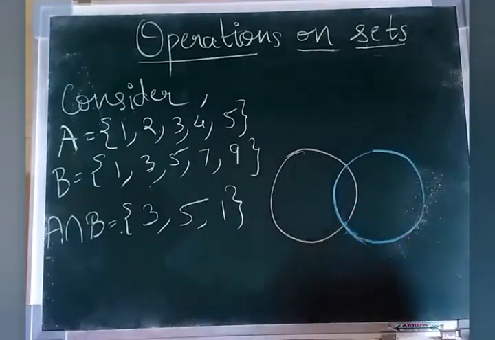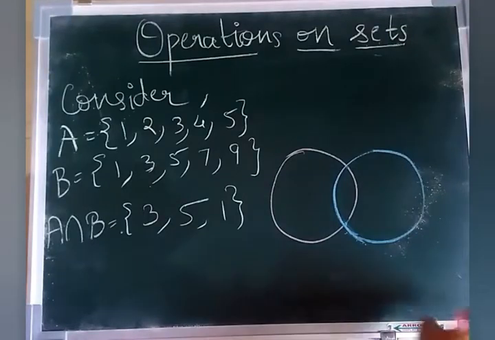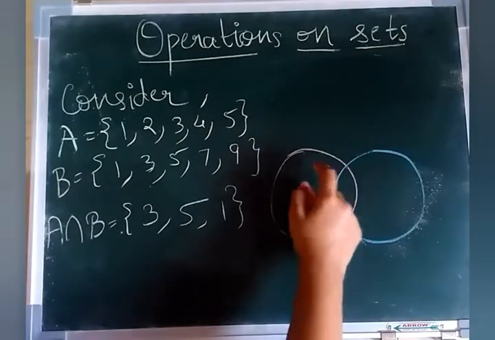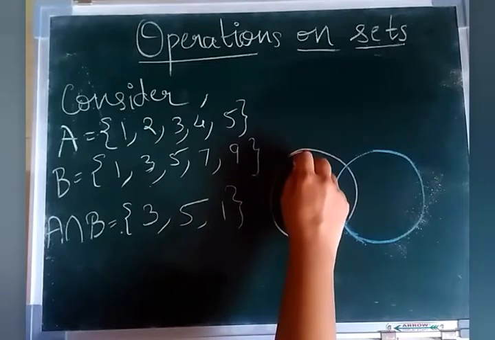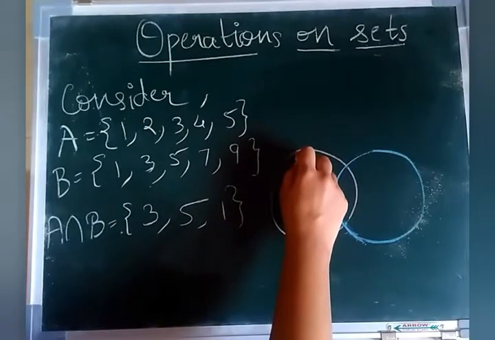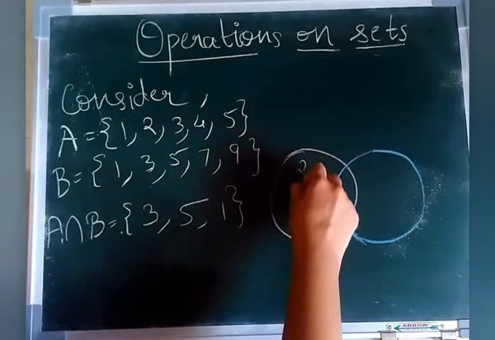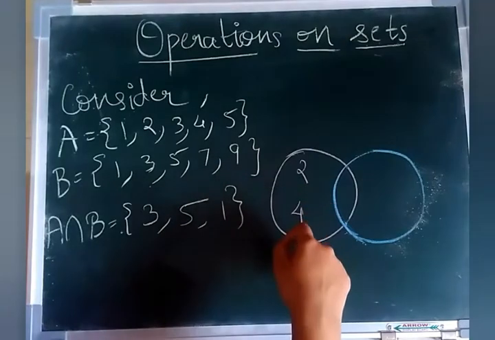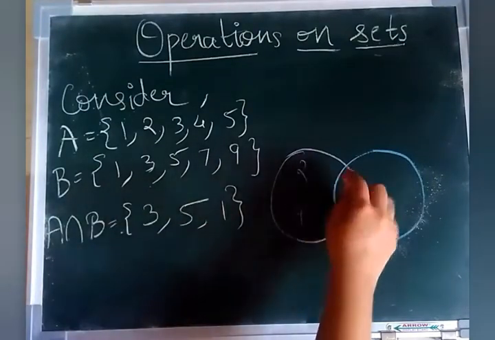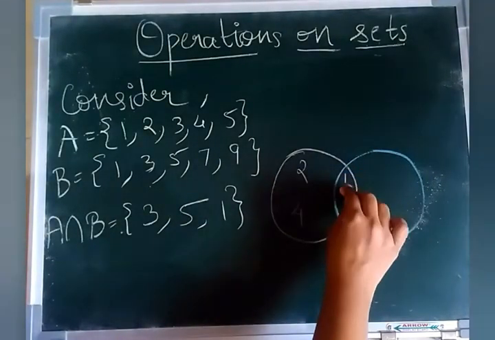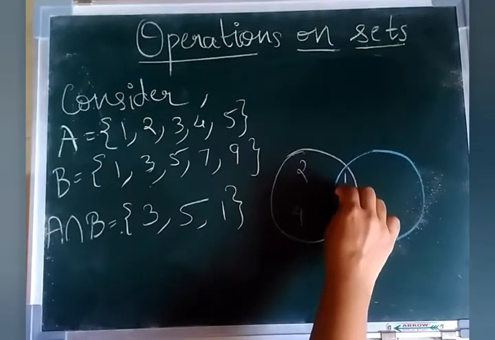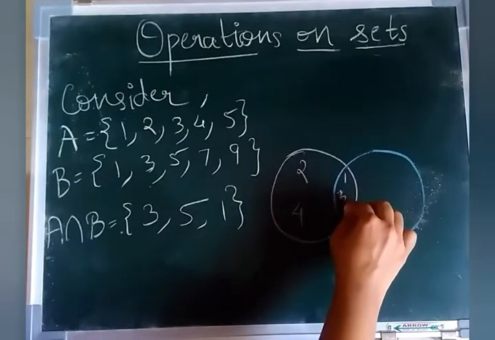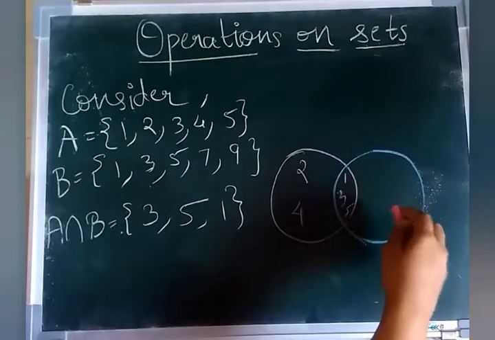Okay, now it looks better. So here I have 2, 4 and 3, 5. 1 is common, so I have to write it in the middle: 1, 3 and 5.